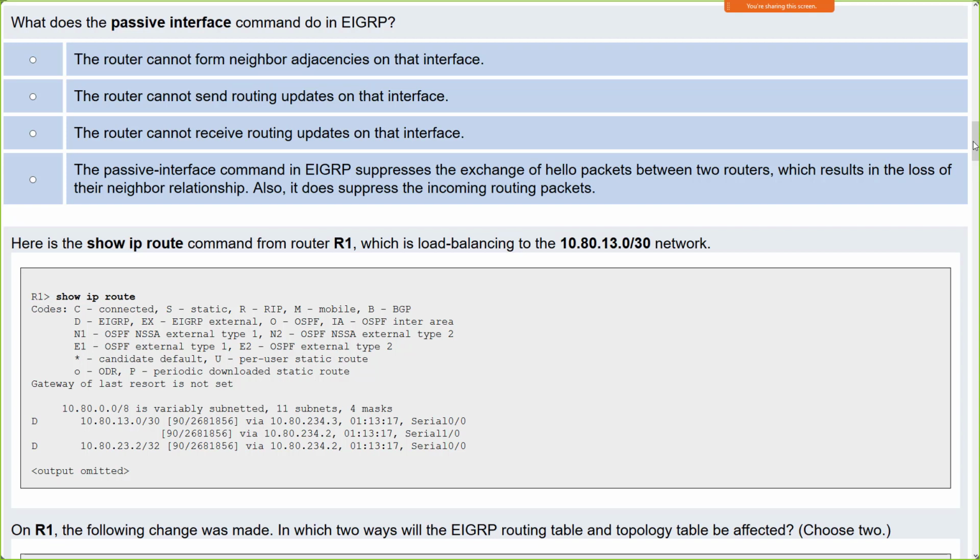But maybe it's a LAN interface that goes to different clients on the network, but there aren't any other routers on that interface that need to see routing information. So there's no reason that I would ever want to send hello packets out that interface because there's nobody there to see those hello packets.